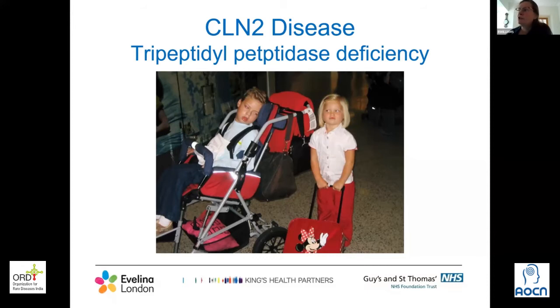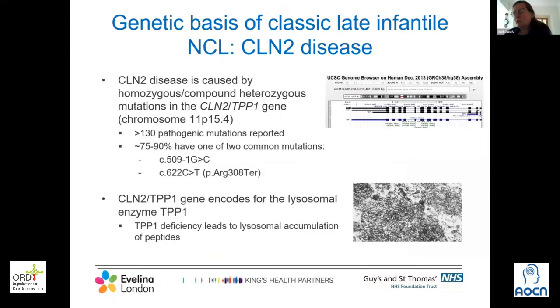So CLN2, I've mentioned already, the disease is named after the gene. A huge variety of mutations have been described in this gene, and there are common mutations certainly in the Northern European population.